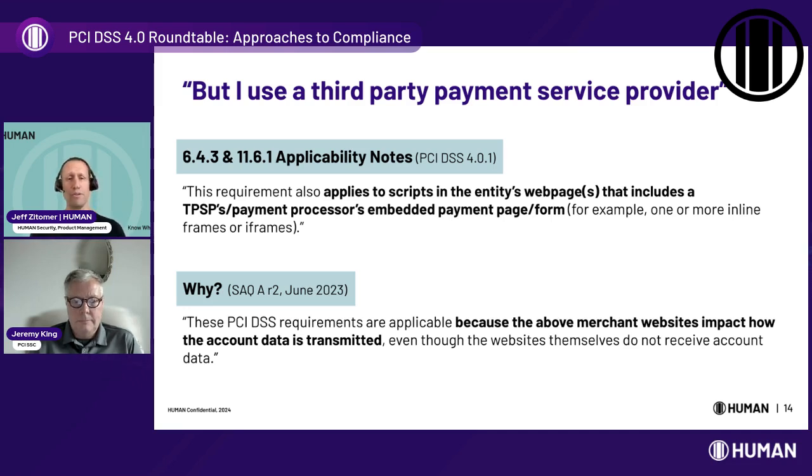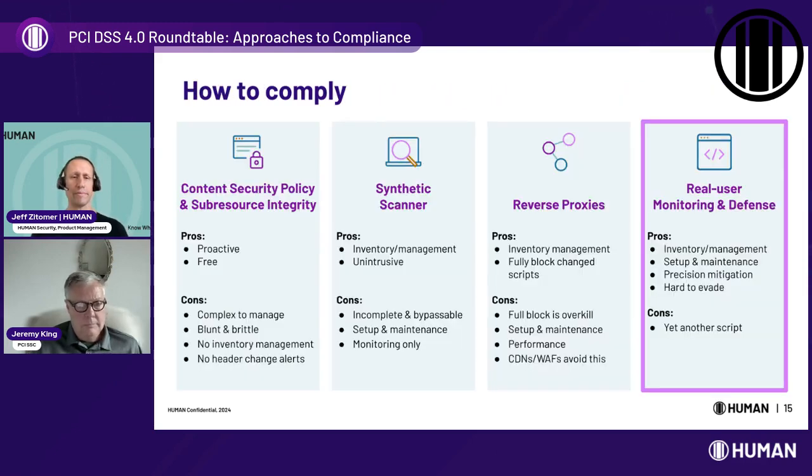Even if you use a third-party payment service provider, the page that embeds it and provides the link to it also impacts how account data is transmitted and its security, and the various attacks that can be done to steal cardholder data, even if you're doing everything right with that iframe.